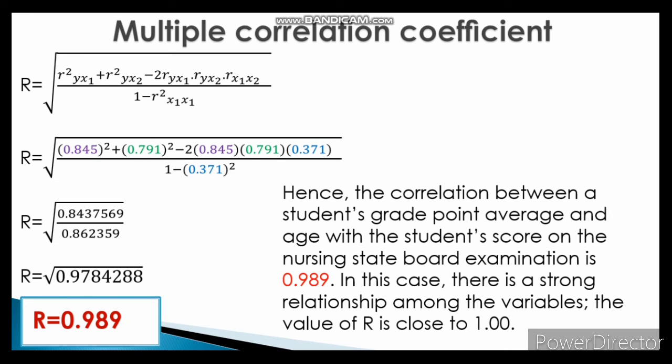Hence, the correlation between a student's grade point average and age with a student's score on the nursing state board examination is 0.989. In this case, there is a strong relationship among the variables. The value of R is close to 1.0.